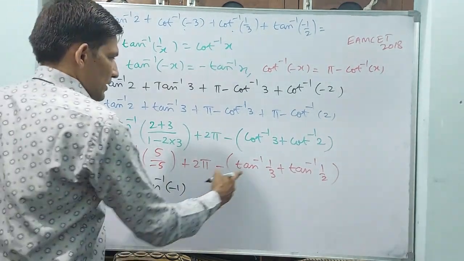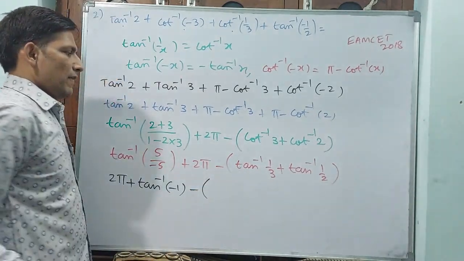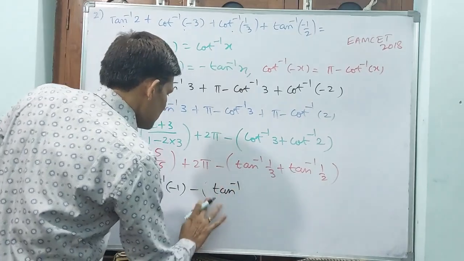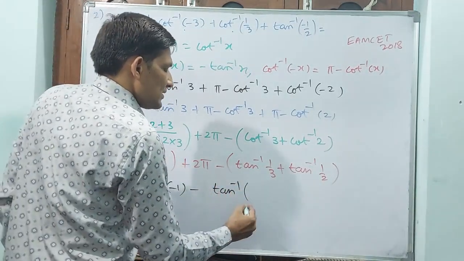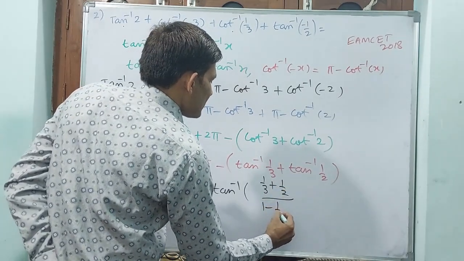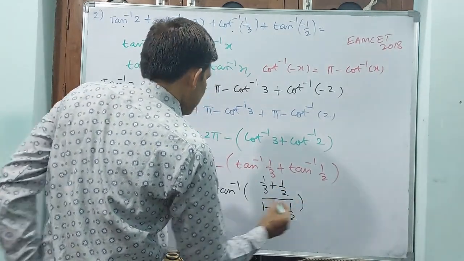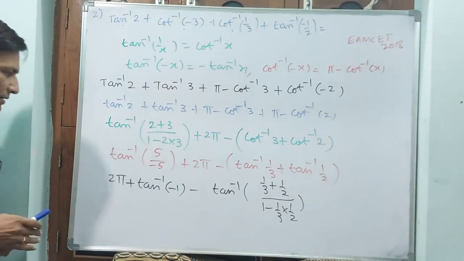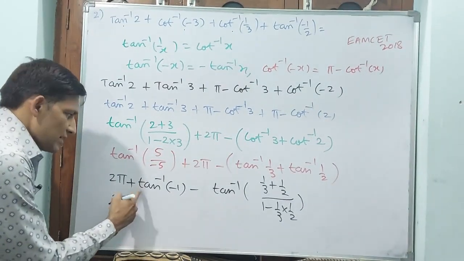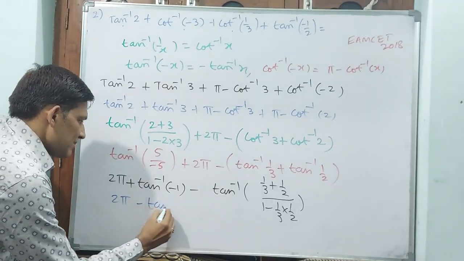Now minus of tan inverse of, this bracket is not required, 1 by 3 plus 1 by 2 by 1 minus 1 by 3 into 1 by 2. Shall I write this as 2 pi minus tan inverse 1?